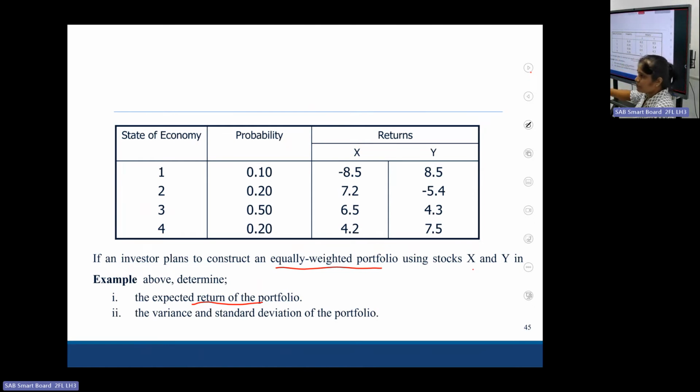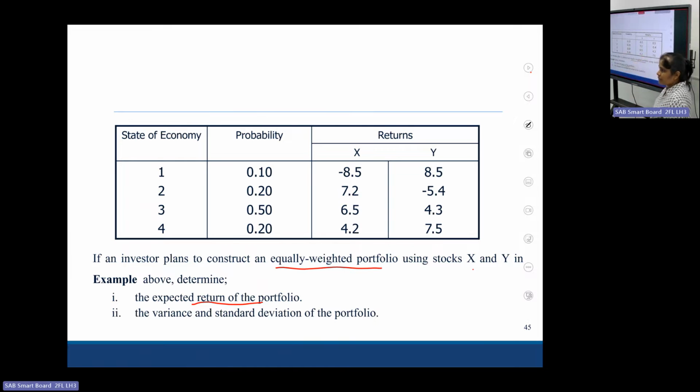Before going to the risk of the portfolio, just calculate the portfolio expected return. We have already calculated the expected return of stock X and stock Y, and the weights are given.